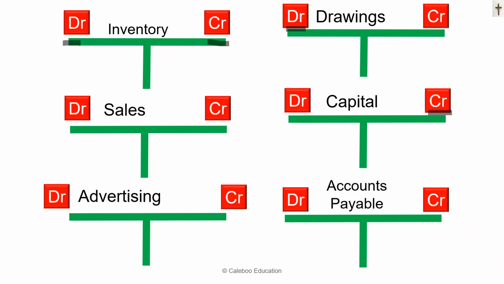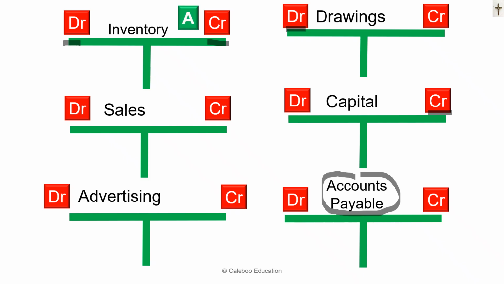Accounts payable, liability. Increase in liability will get credited. Accounts payable, another account name sometimes used is creditors control. This account here is a summary of all your individual creditors.